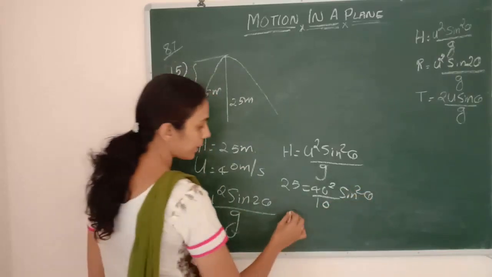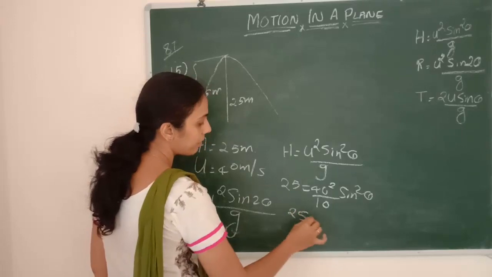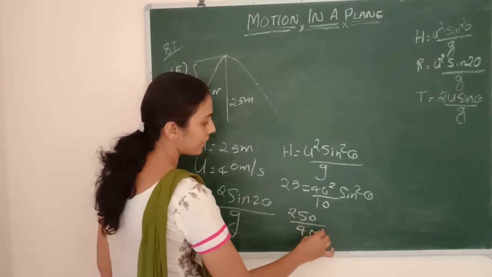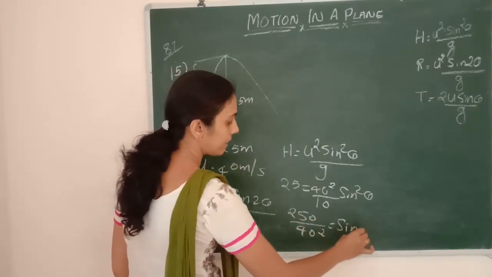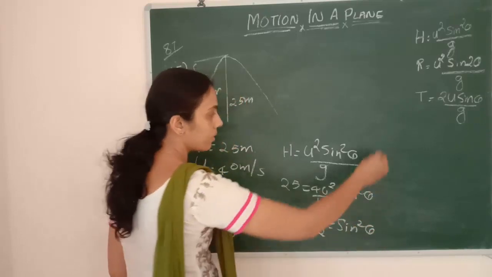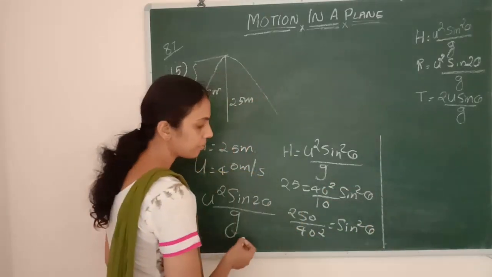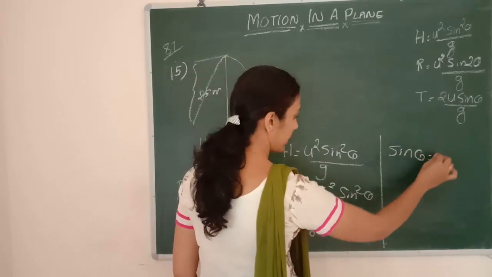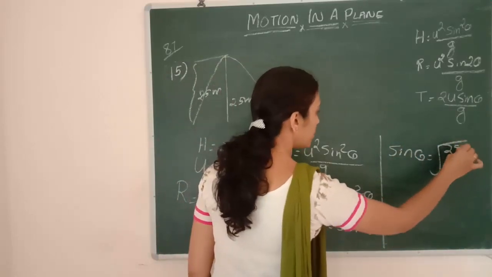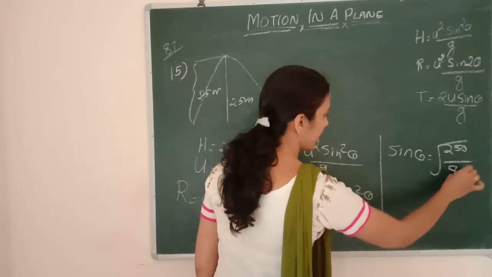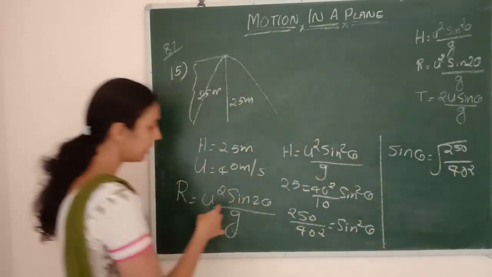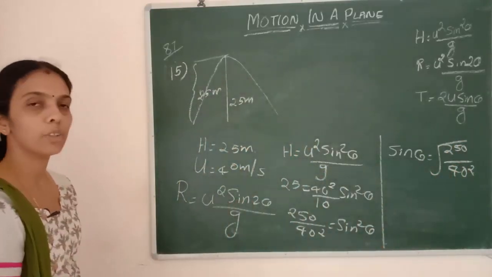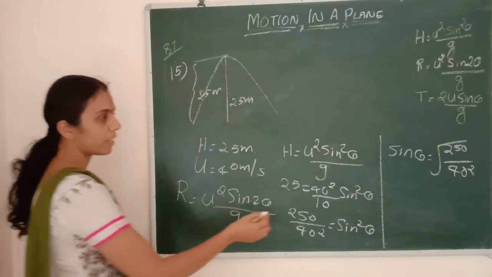So you will get 250 divided by 40 square, that will be sine square theta. How can we find the sine theta value? Sine theta will be equal to root of 250 divided by 40 square. Then you find out theta and substitute that value of theta.